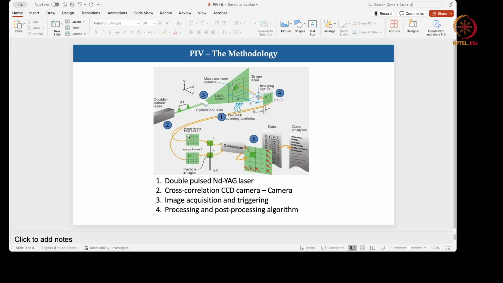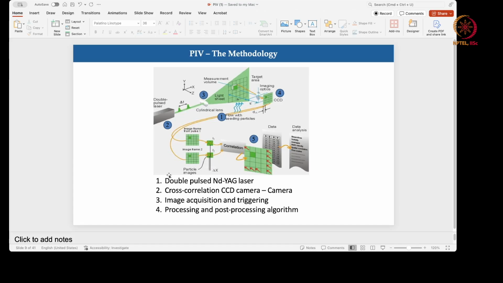The idea is that the ensemble of particles in these measurement windows moves as a unit. They actually have the same velocity, and that is what is found by the correlation. It finds the most probable displacement by maximizing the correlation.